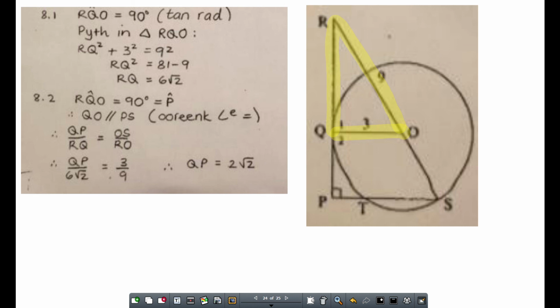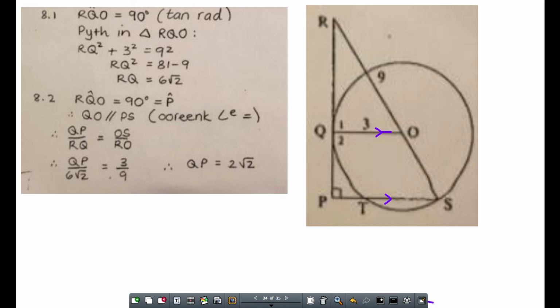Goed. At 8.2, now they're asking me to calculate QP, this one. So nou gaan ek daai volle driehoek gaan gebruik because these two angles were each 90. Het jy geweet dat ek net hier so skryf, that side will be parallel to this one.